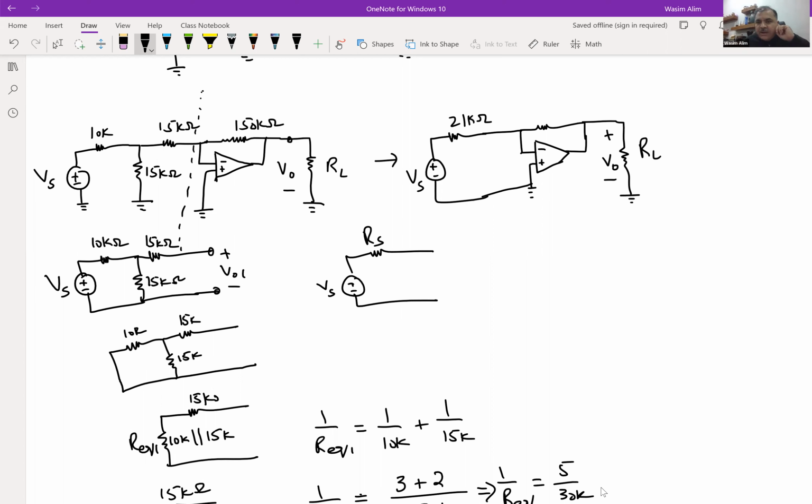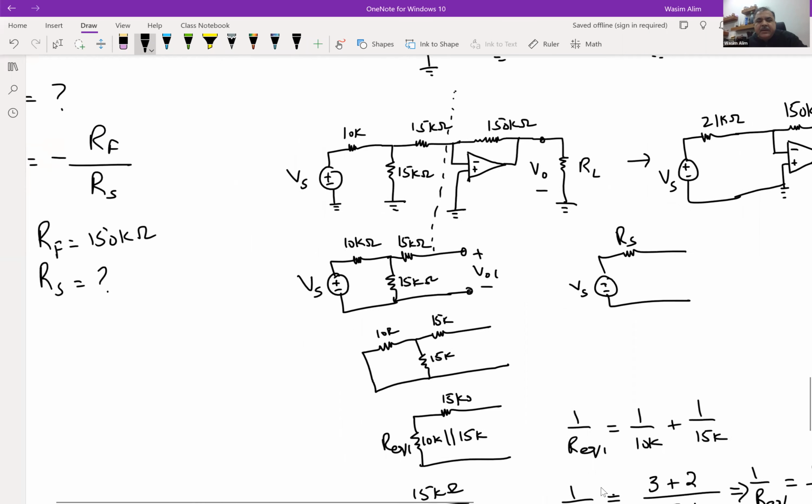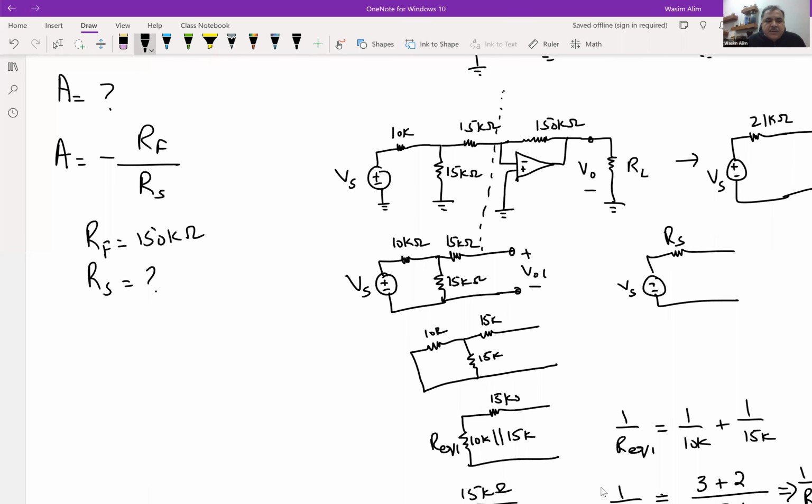So now it is my standard form. The RF is 150 kilo ohm. So I brought this circuit to a standard form, and RS is now 21 kilo ohm.